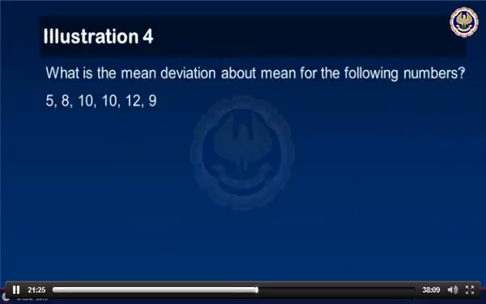What is the mean deviation about the mean for the following numbers? 5, 8, 10, 10, 12, 9. Now we have to find the mean deviation for this data using the arithmetic mean. First we have to find the mean. The solution is as follows.